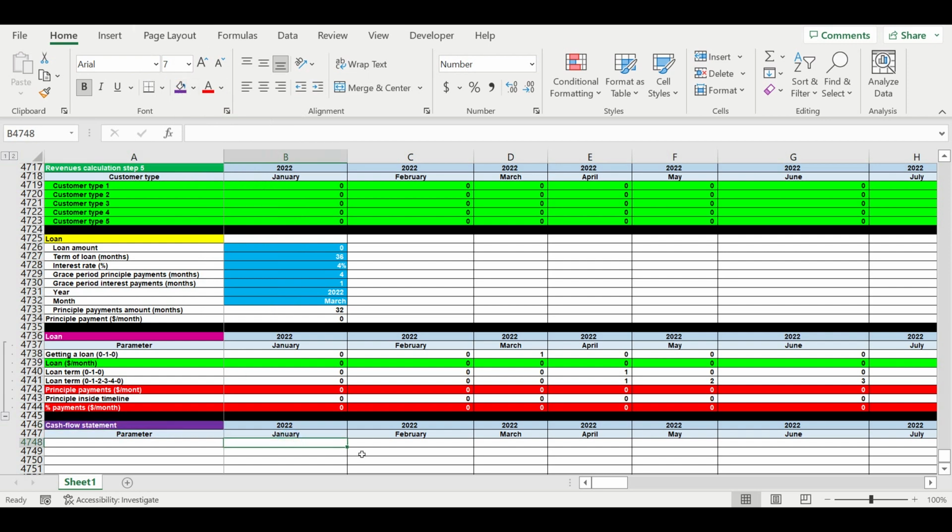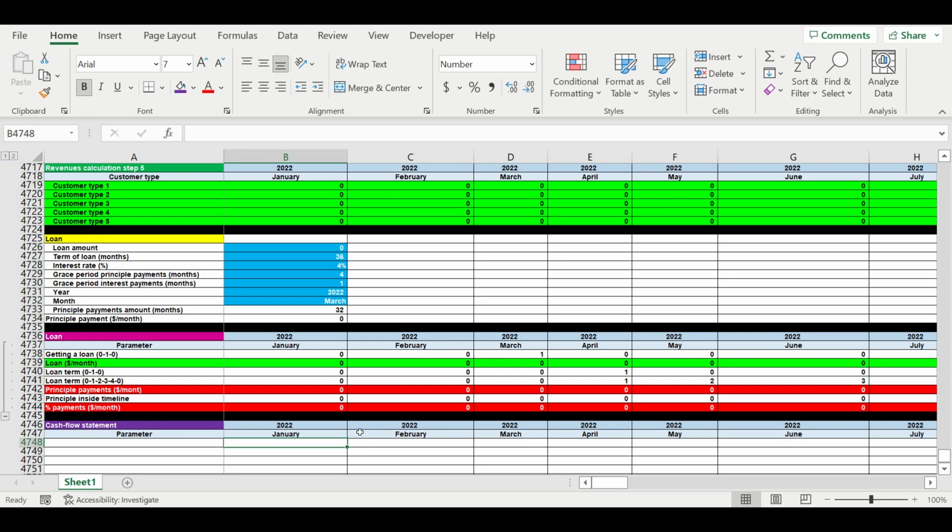Now you will be able to see that I'm not putting any manual data inside the cash flow statement, because when we start creating scenarios we need this statement to be automatic. If we put the data manually inside the cash flow statement, we will forget to update the revenues and expenses, and that's why you will make mistakes.